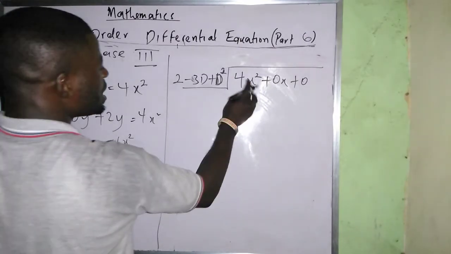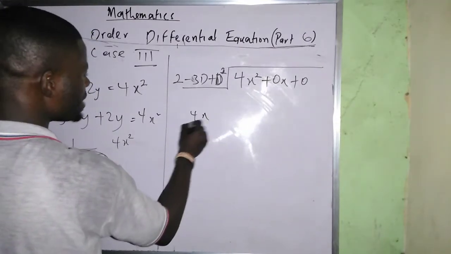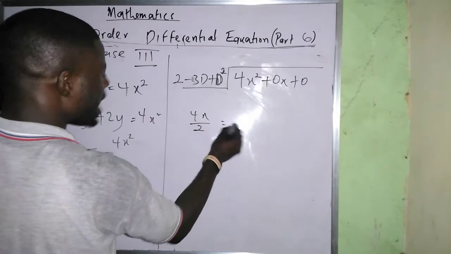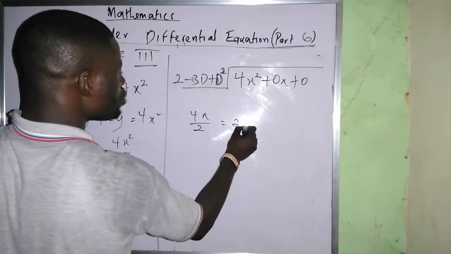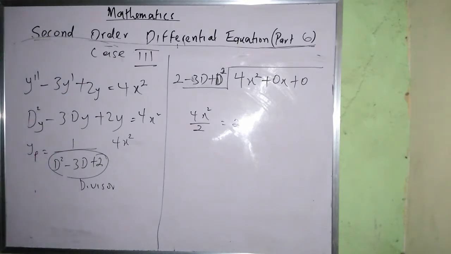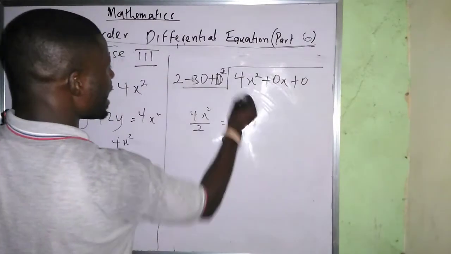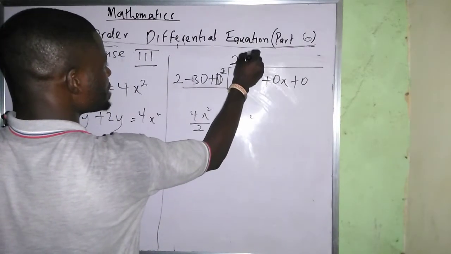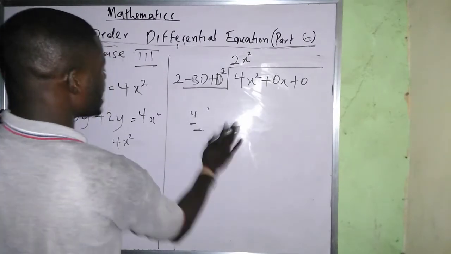Now, 4x squared divided by 2, I will have 2x squared. Is it 2x squared? Yes, 2x squared. Now, my 2x squared, I will write it here. That is the first thing I'll do.